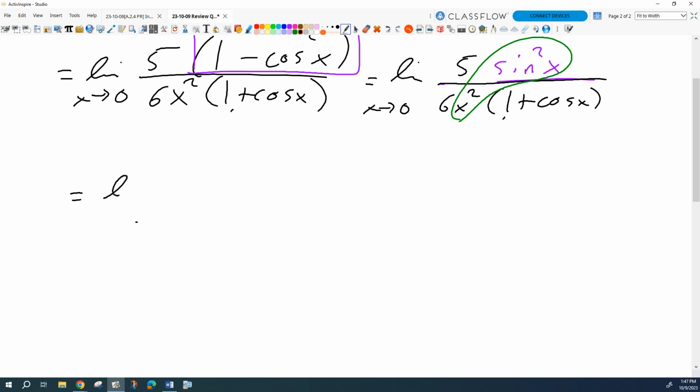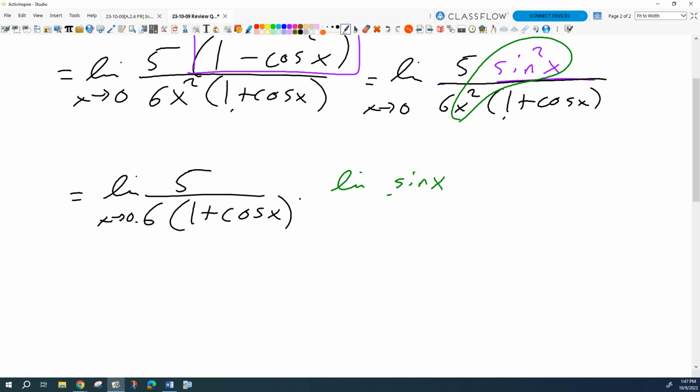So we've got the limit of 5 over 6 times the quantity 1 plus cosine x, times the limit of sine x over x as x approaches 0, squared. Right? Everybody see that? Isn't sine squared x over x squared the same thing as sine x over x, quantity squared?